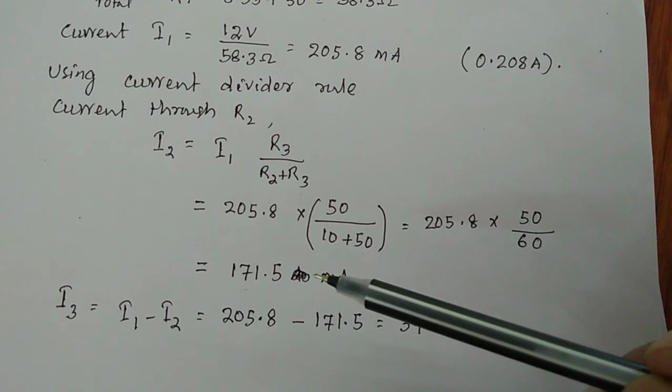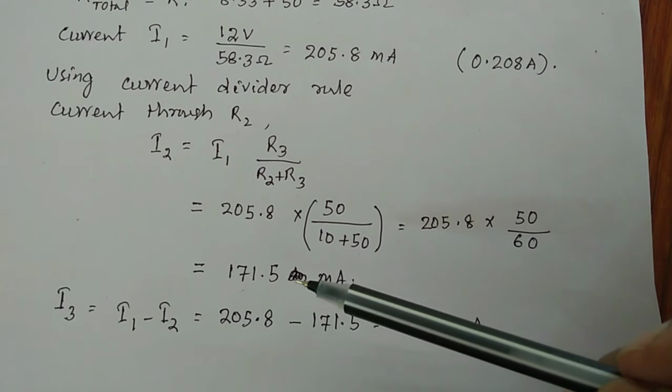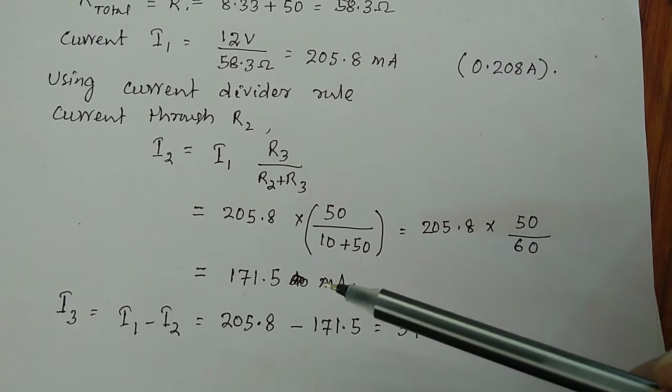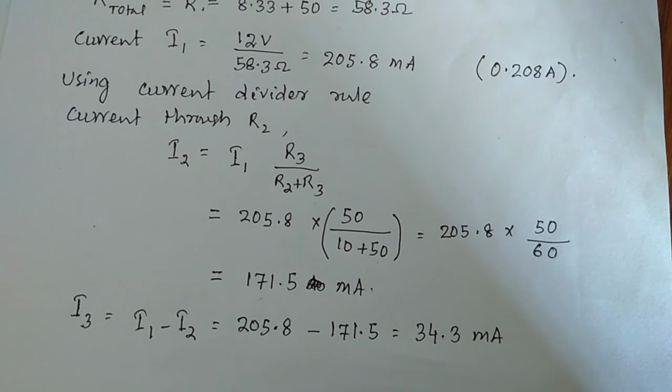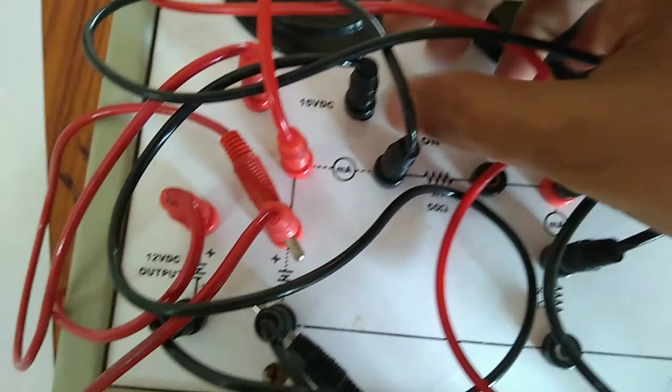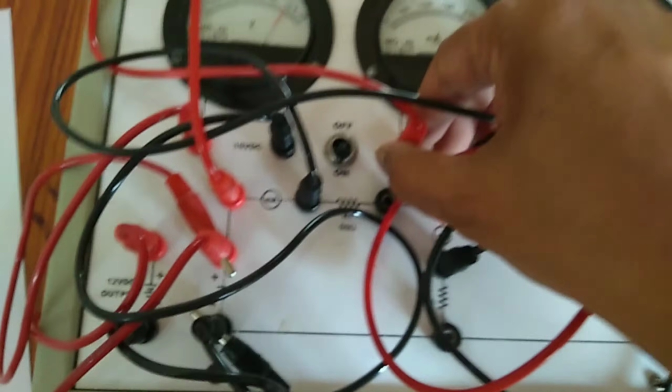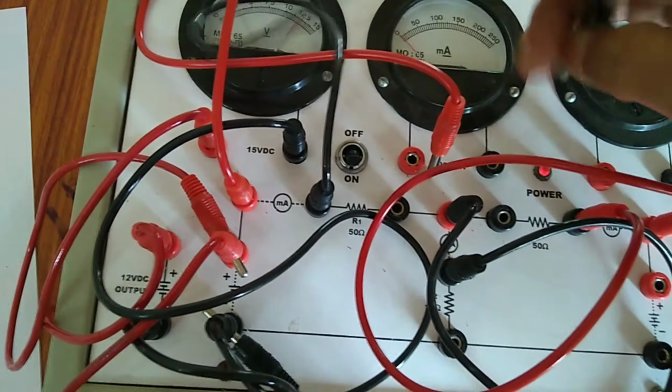Okay, you watched the previous video to know this formula: I2 equals I1 into R3 by R2 plus R3. So to measure the current I2, you short circuit I1.